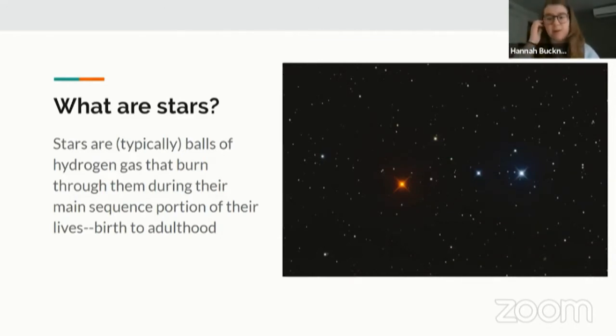But it can also tell us how that formed and how the other parts of that system formed as well.